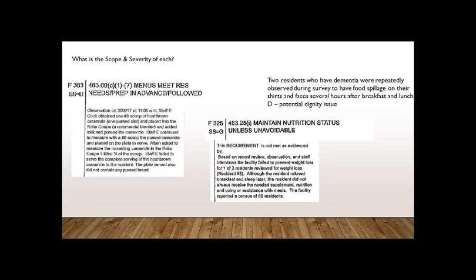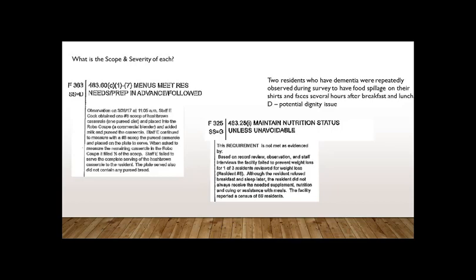So it resulted in a scope and severity of a D. And if we go back and remember, that is no actual harm with potential for more than minimal harm. So that is the second row, the second tier of our grid, and that comes under column 1. And they considered it an isolated incident because it was that one resident who had a pureed diet. So that's how we could take a look at that.